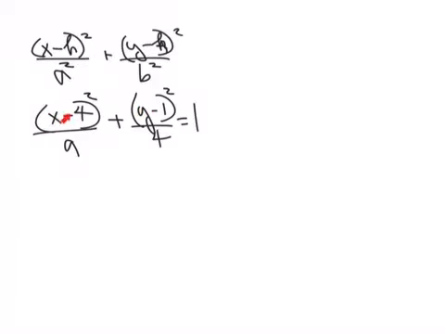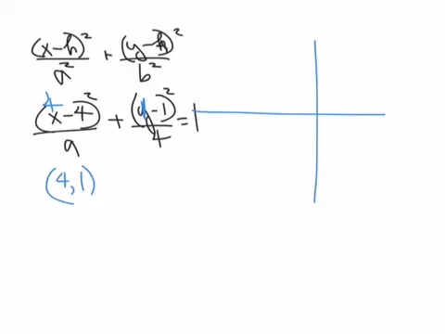So what makes x minus 4 zero? Well, when x is 4, 4 minus 4 is 0. When y is 1, that makes 1 minus 1 zero. So that is the center point of my ellipse. So 1, 2, 3, 4, and then 1. Right there is my center.